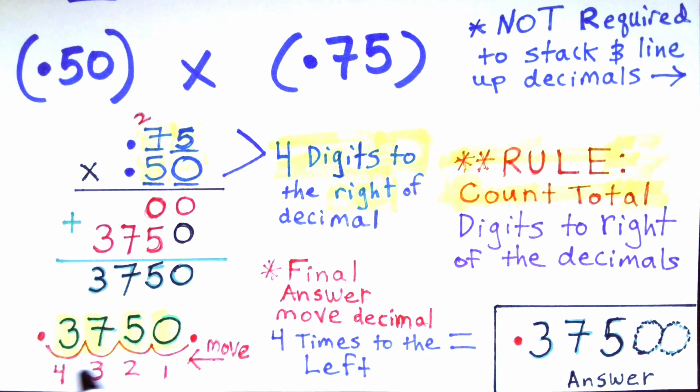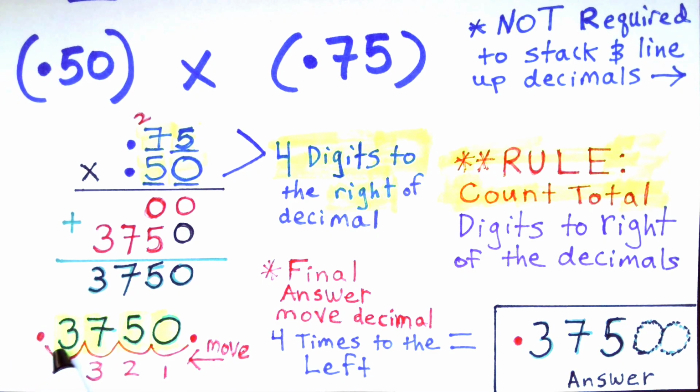So now comes the final step that you need to take before your final answer. Again, you have to move the decimal. It's an invisible decimal, so I'm showing it to you now. You got to move it 4 times. 1, 2, 3, 4 times to the left.